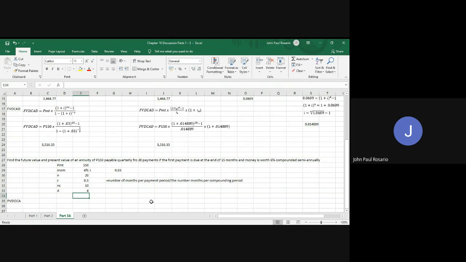And then for our annuity due, that would be 5. Okay, so that's our D. For annuity due we don't deduct 1, so that's 15 months divided by 3.